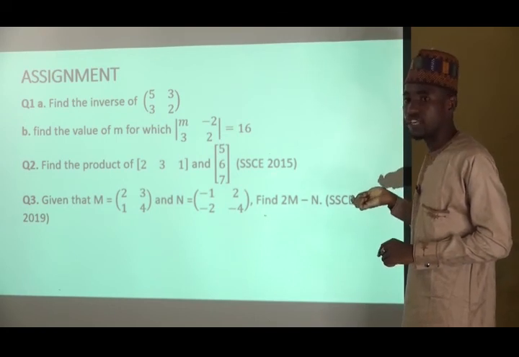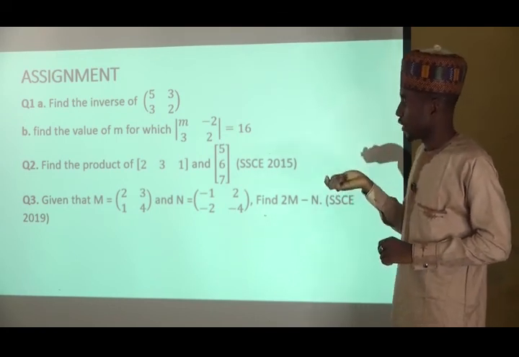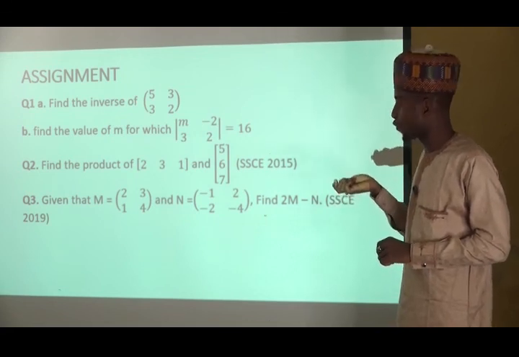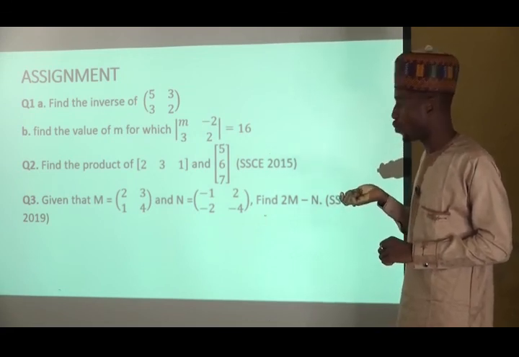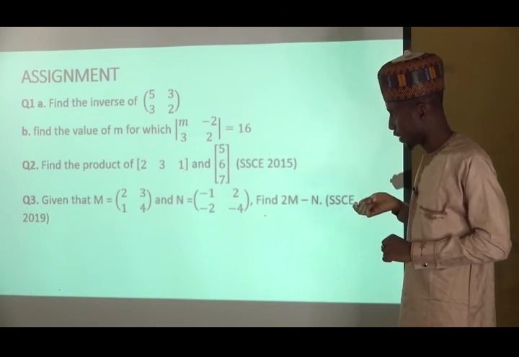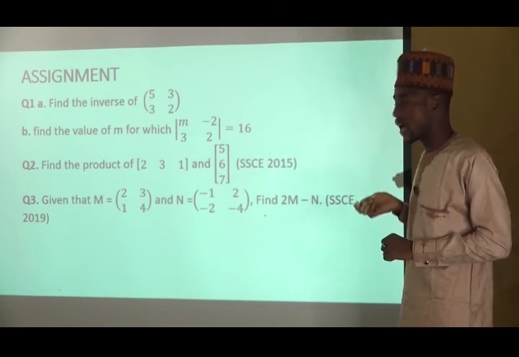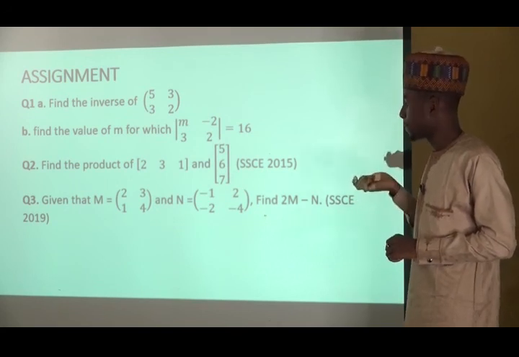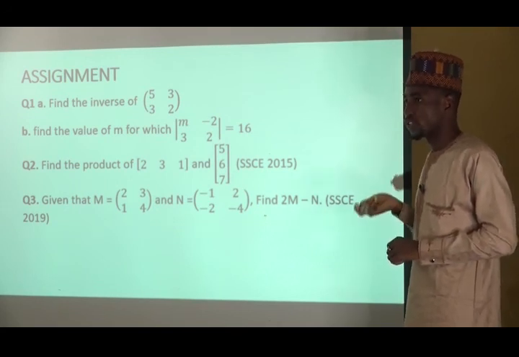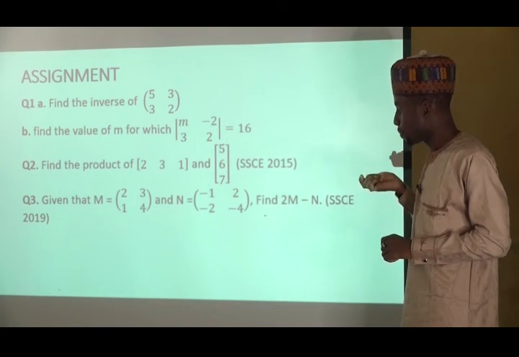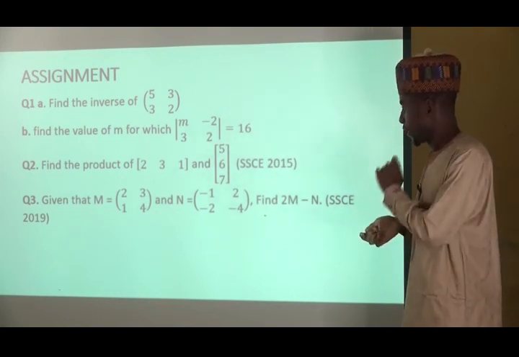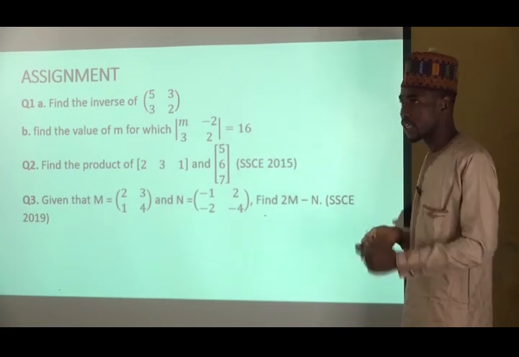It is an SSCE 2015 question. Question number 3, given that M is a matrix with first row 2 and 3, second row 1 and 4, and N is another matrix with first row minus 1, 2, second row minus 2, minus 4. Find 2M minus N. It is also SSCE 2019.